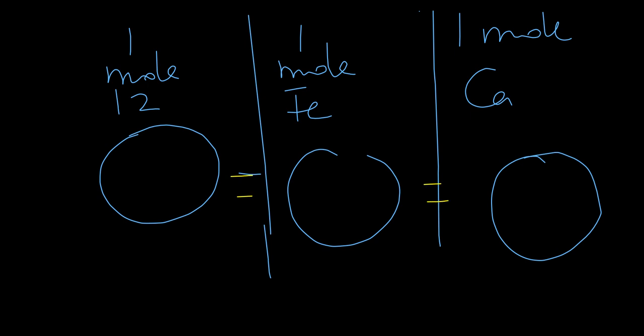So the actual value of this particle number is 6.02 times 10 exponent 23, which we call the Avogadro's constant or the Avogadro's number. So for 1 mole of iron, you would have the same quantity of particles, 6.02 times 10 exponent 23.